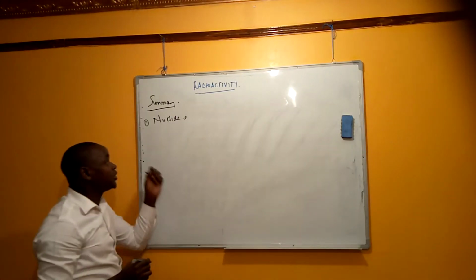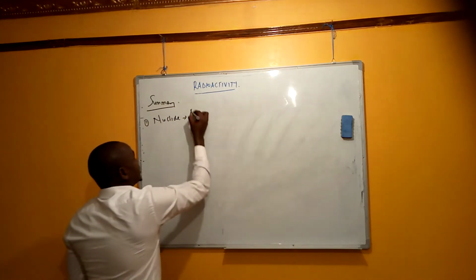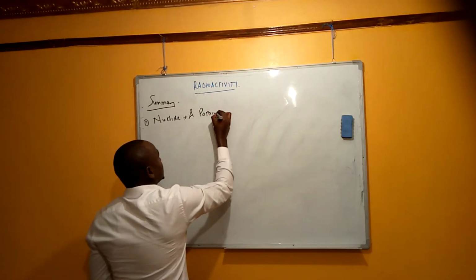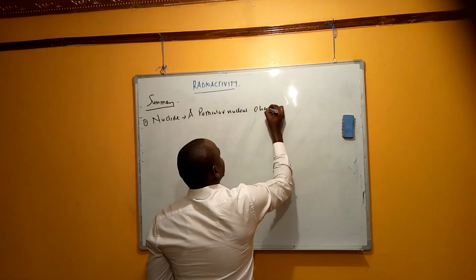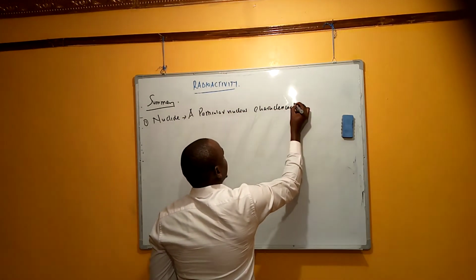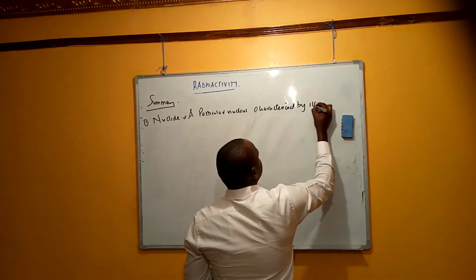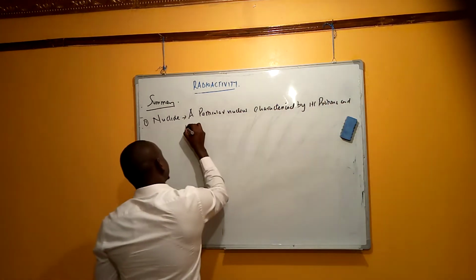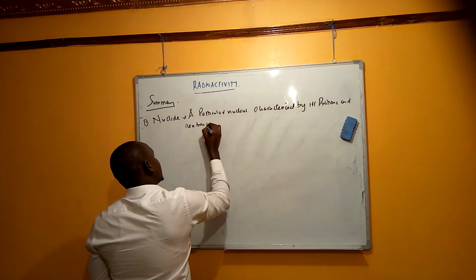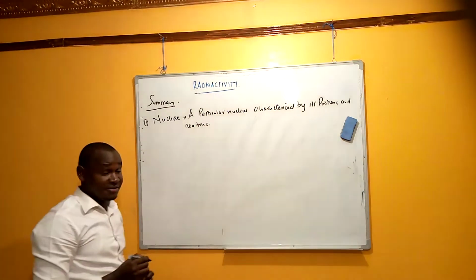And we've said that a nuclide is a particular nucleus characterized by its protons and neutrons.